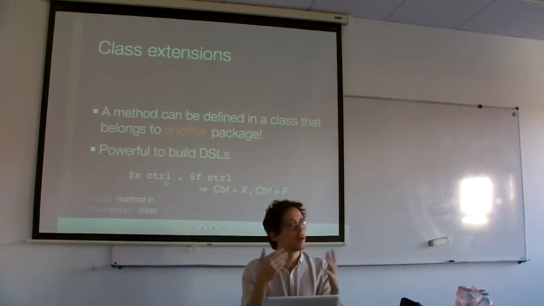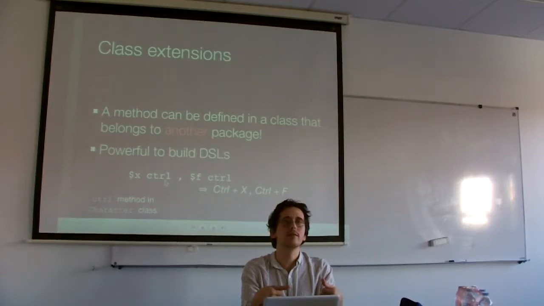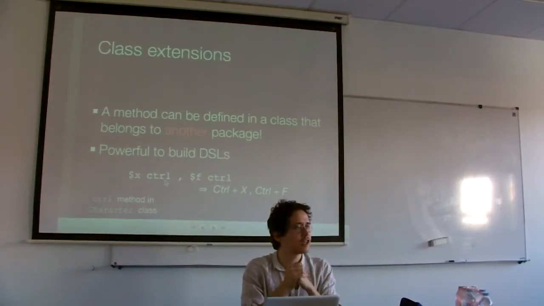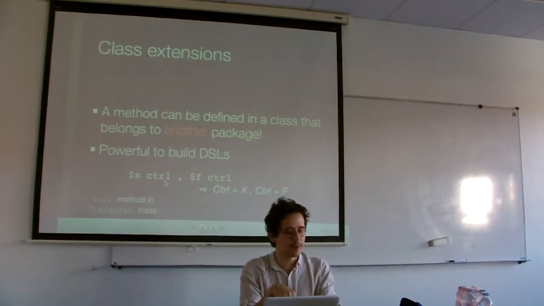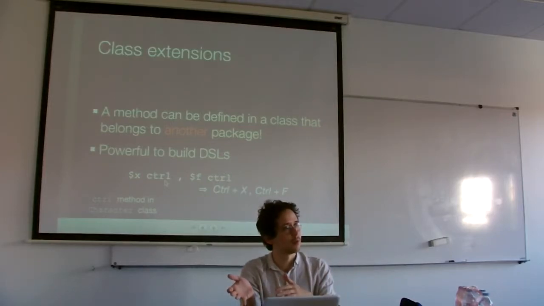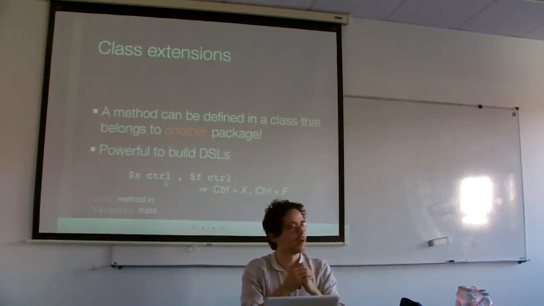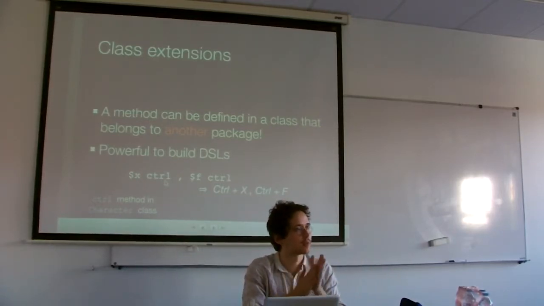That means that if I unload the, what's the name, the KeyMappings package, this method will be unloaded from the class Character, and when I load it, it gets automatically loaded in the Character class. So you can extend the core classes of the system.